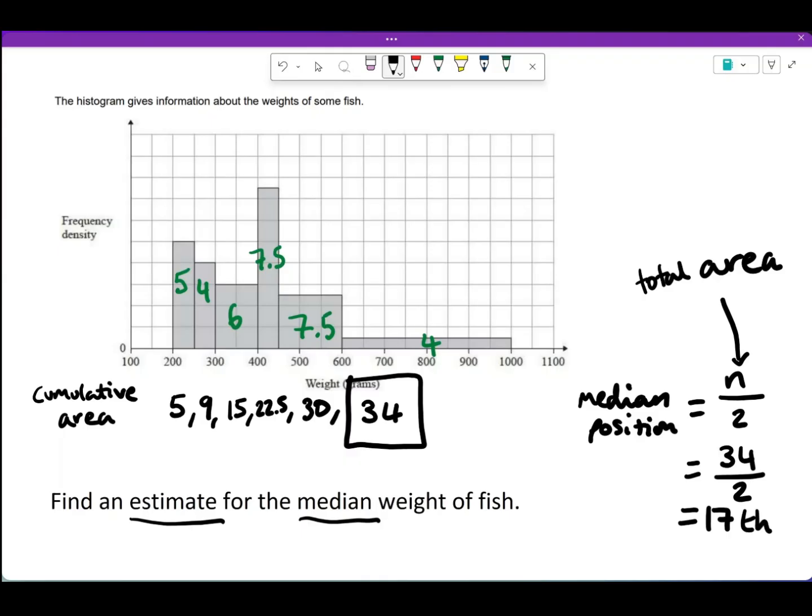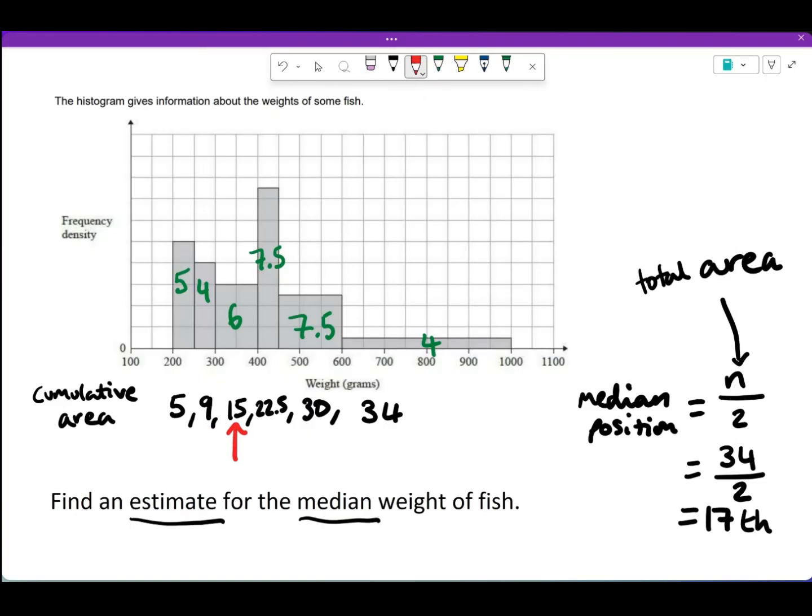So what we need to figure out now is when is the 17th fish added in. Let's go back to my very first bar and look at our cumulative area. We've only got 5 up until the end of my first bar, so the 17th one is not going to be in there. Then we've only got 9 up until the end of my second bar. Once again, 17 is bigger than 9, so we have to look at my next bar. Up until the end of it, we have 15.